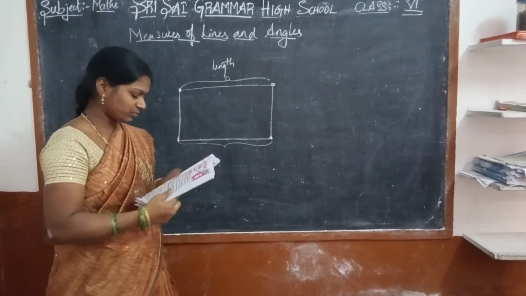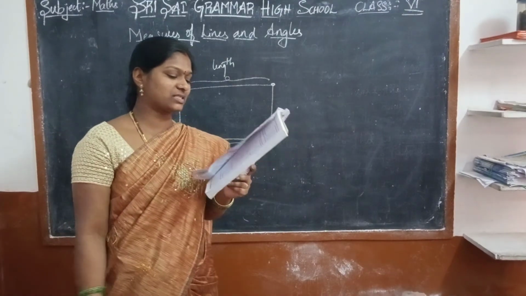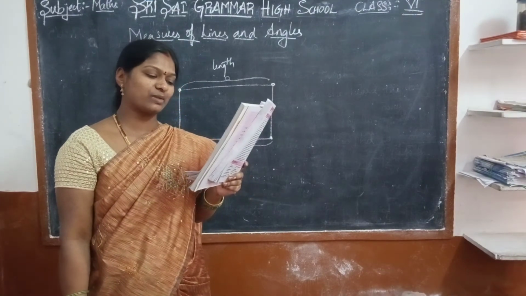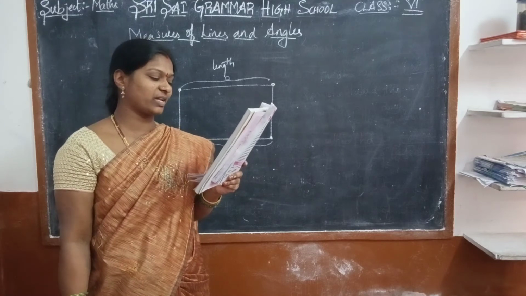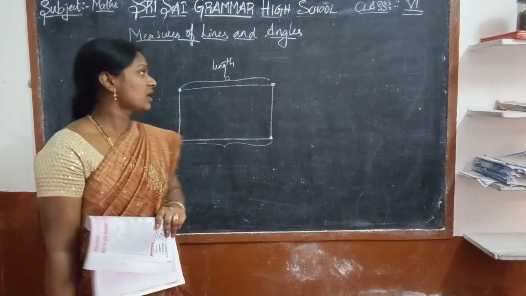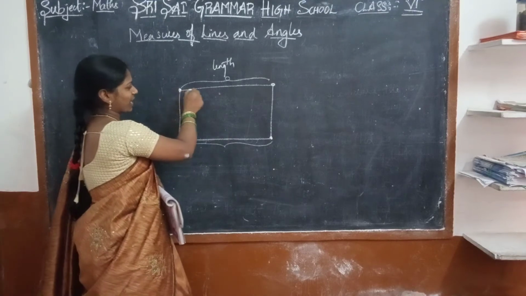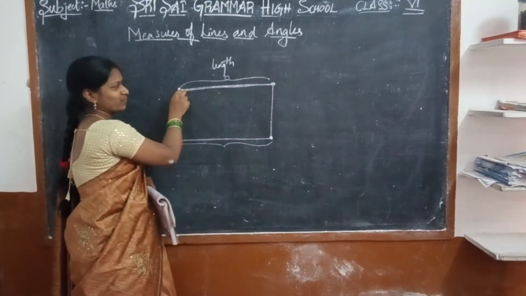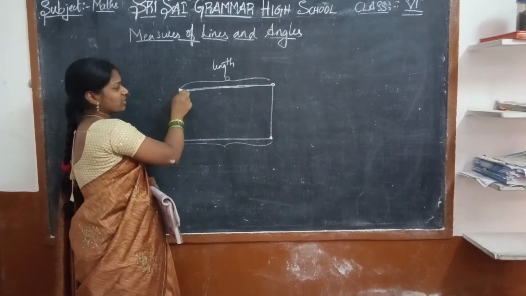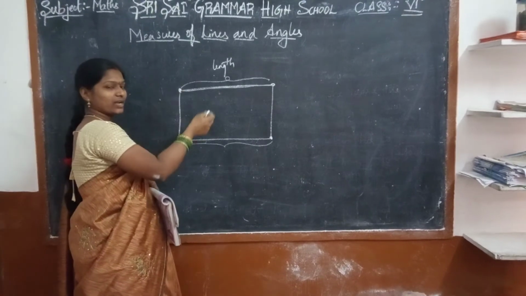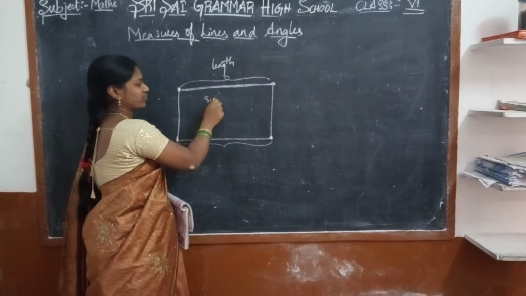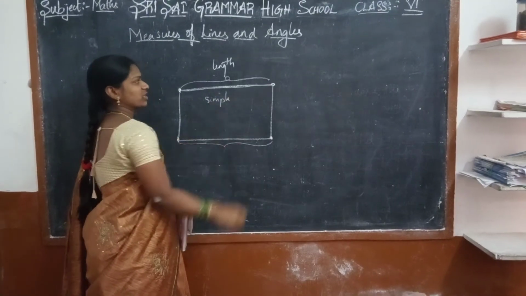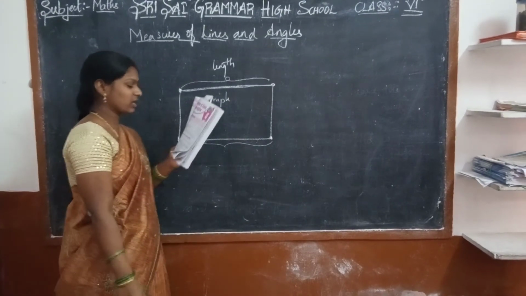Now, the length of two line segments is compared with simple observation, tracing on a paper, and comparing using an instrument. So, to know how much the length of this is, it is called simple observation or tracing.